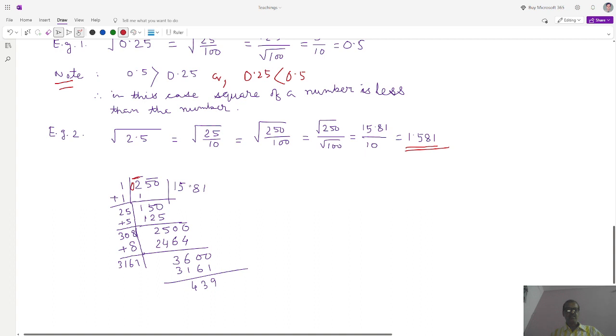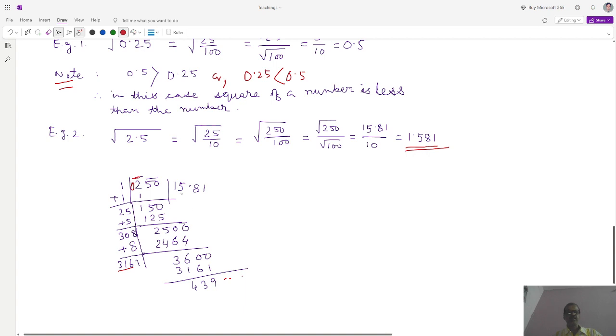Change here the decimal point, so double 0 will come, and again we have to add 8 with 8, and we will get 316. And we have to judge how much will fit within 3600. Here only 1 will fit, so 1 into 3161 equals 3161, and the remainder is 439, and so on.